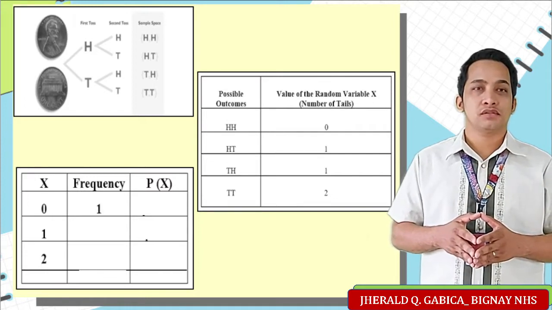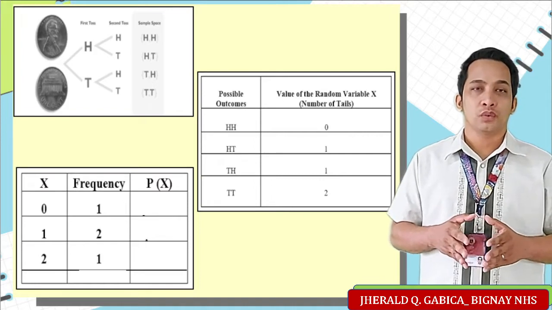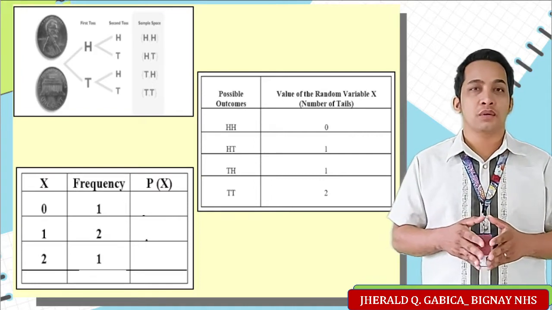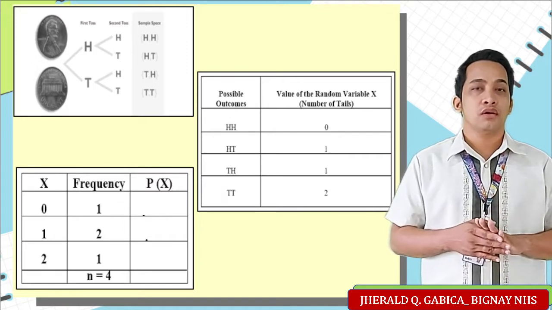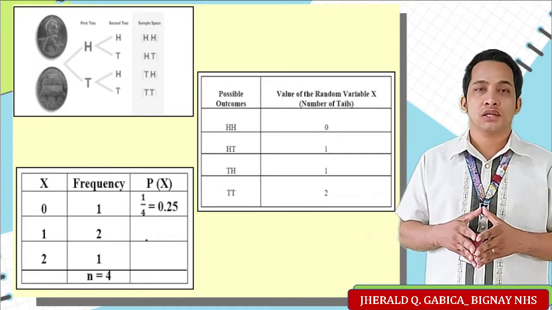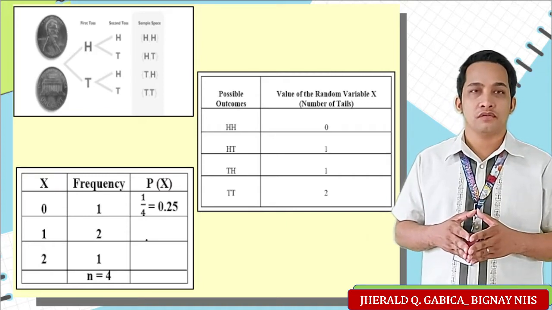So, the x values are 0, 1, and 2. The frequency for 0 is 1. The probability of x is 1 over 4, since there are 4 possible outcomes, and that is 0.25.